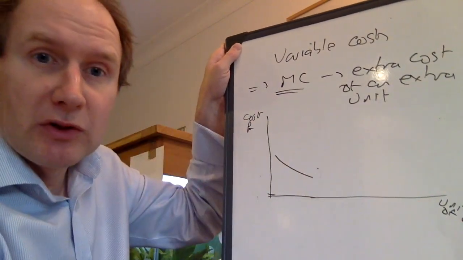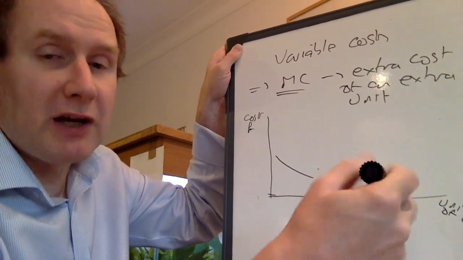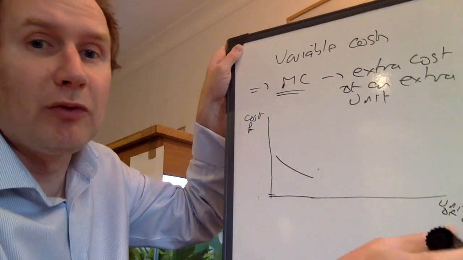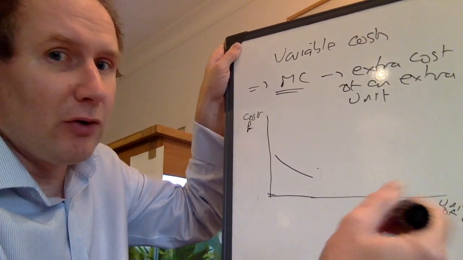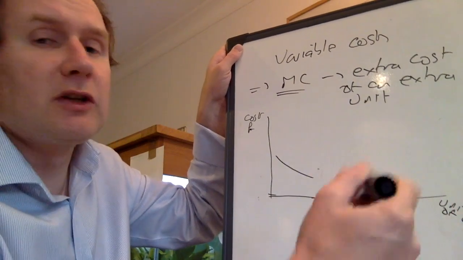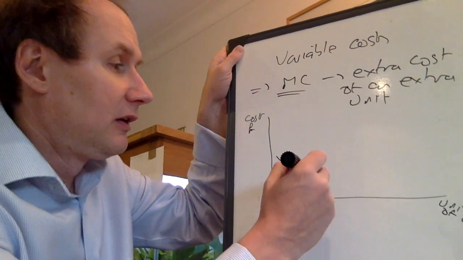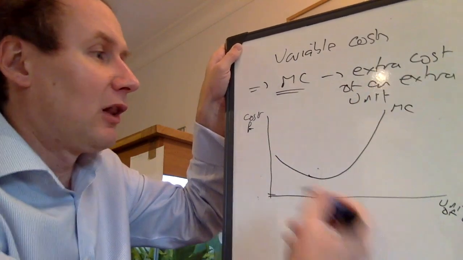When we have diminishing returns, when I employ an extra worker, that worker is becoming less efficient than the one before because we're running out of space and so on. Therefore, when we employ them, they're not actually very productive, and the cost of their extra units is actually increasing. Like that.